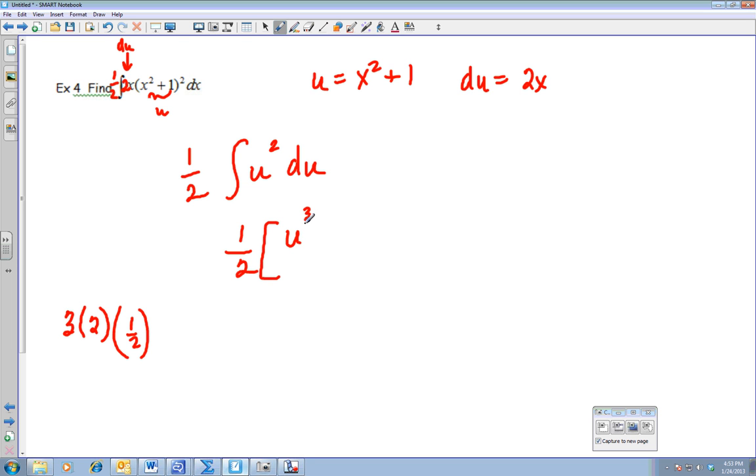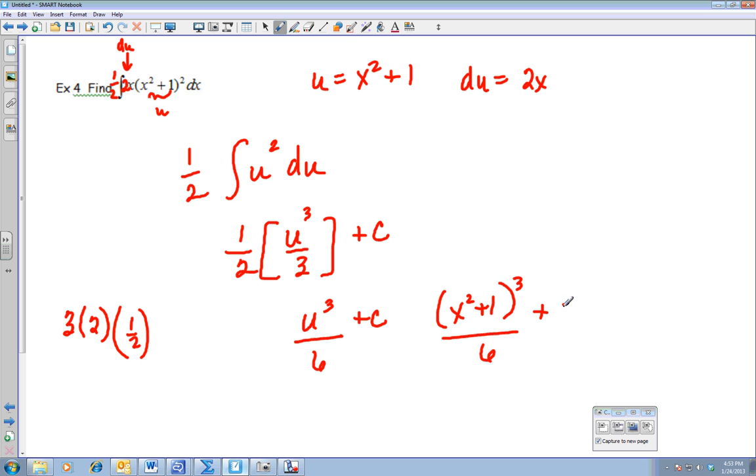Add 1 to the exponent, divide by the exponent, plus c. And then I always simplify this. That's u to the third. 2 times 3 is 6 plus c. And I'm going to substitute my u back in. My u is x squared plus 1 cubed over 6 plus c. That's quantity cubed.